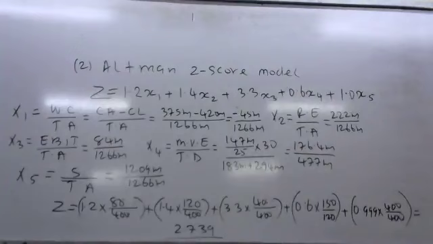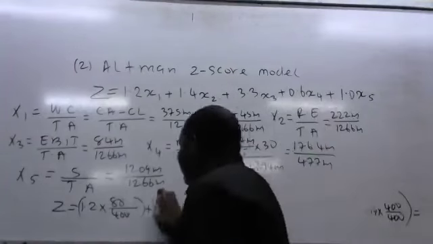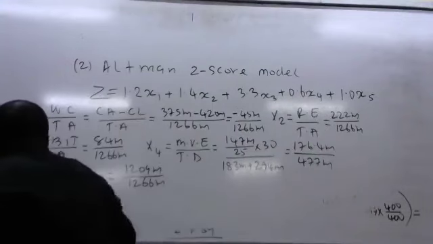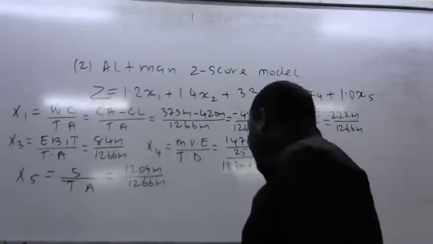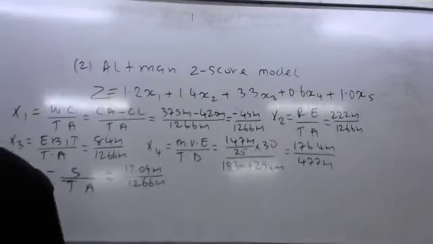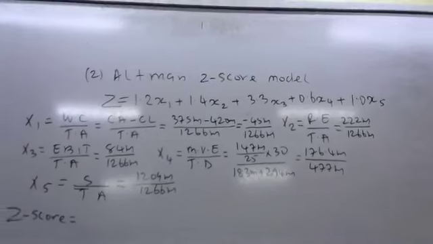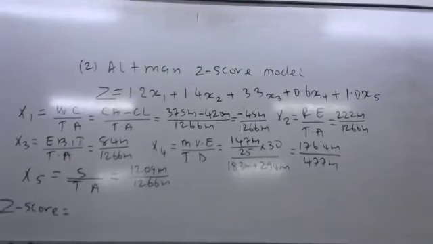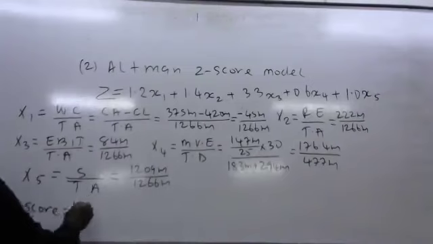We now go to the model to calculate our Z score. So our Z score should now be 1.2 x1.